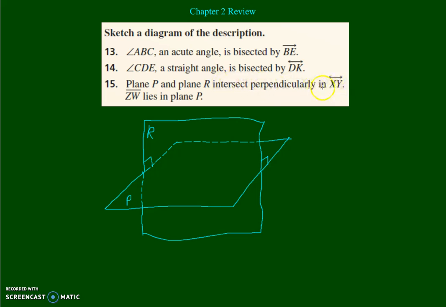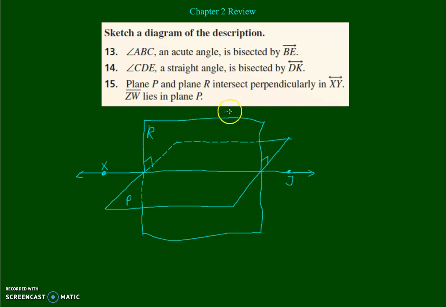That means they intersect at line XY. So we're going to try and draw a line XY straight through these points. Okay. All right. And so we'll put a point X here and a point Y here. It doesn't say that X and Y have to be in either of these planes.